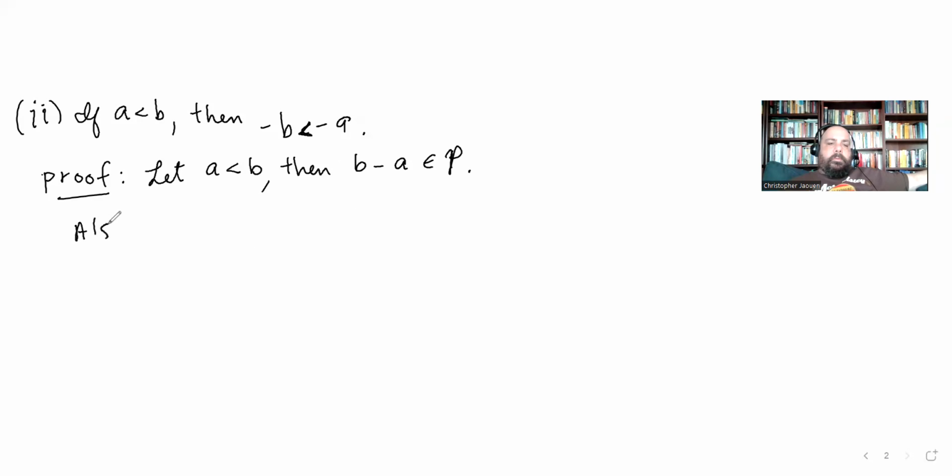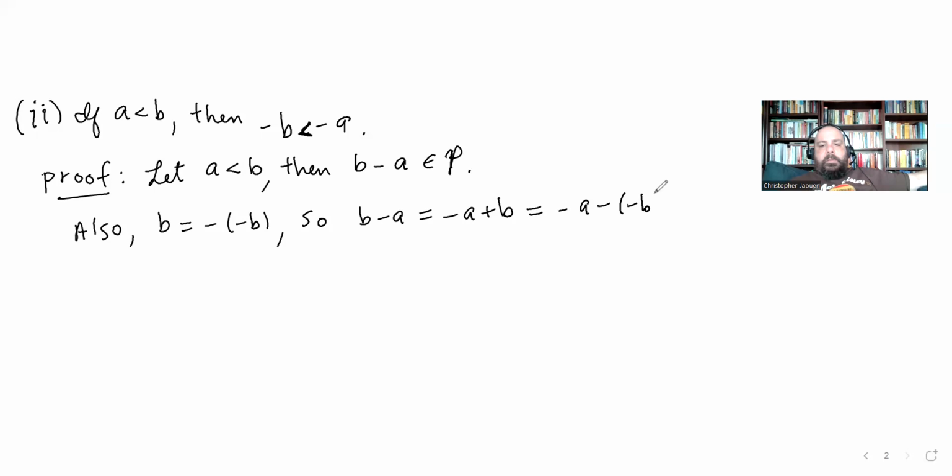Also, B is the additive inverse of minus B, which I believe we proved in the last video. So B minus A is minus A plus B by commutativity, which is the same thing as minus A minus B, is positive, which implies that minus B is less than minus A.